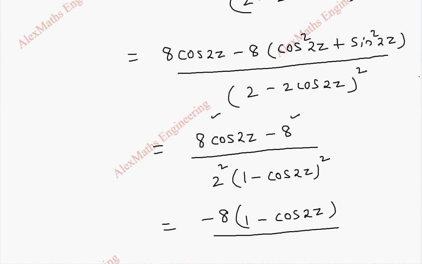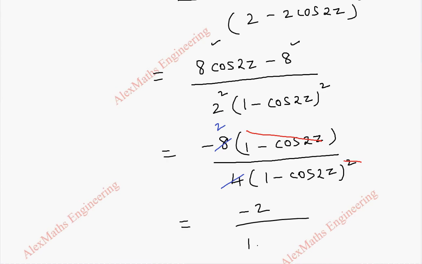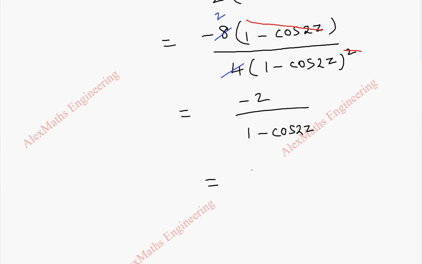Then we have denominator also, which is 4, and this becomes 1 minus cos 2z whole square, and we can cancel this entire term with this, and we can also cancel this 4 and 8, so which is minus 2 in the numerator and we are left with only 1 minus cos 2z in the denominator. Using the trigonometric formula, this can be written as 2 sine square z. After cancelling this, 1 by sine square z becomes minus cosecant square z.